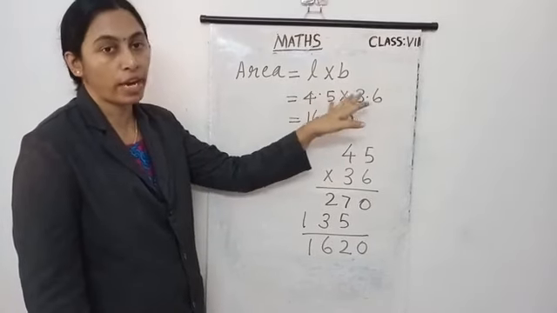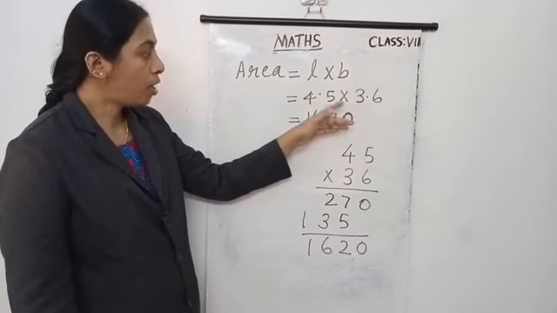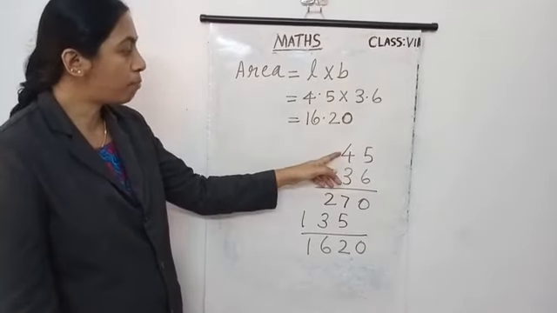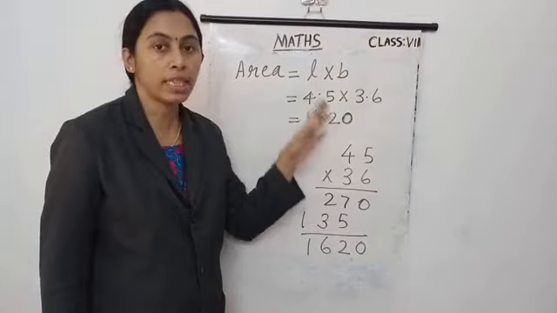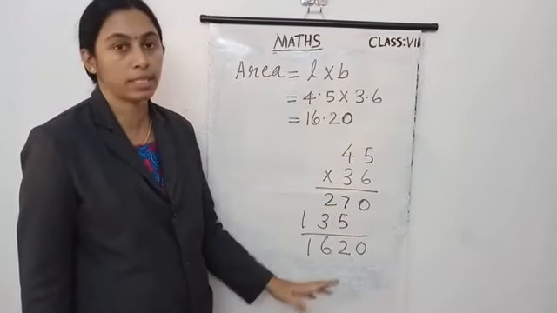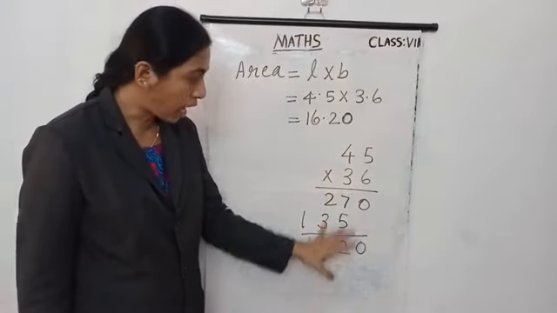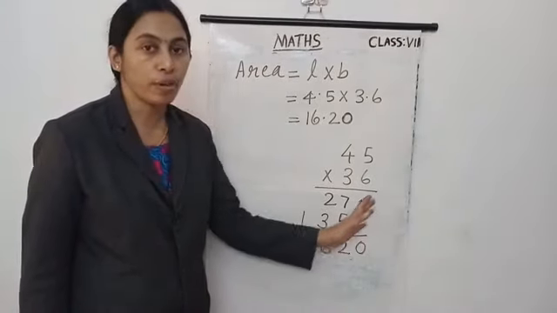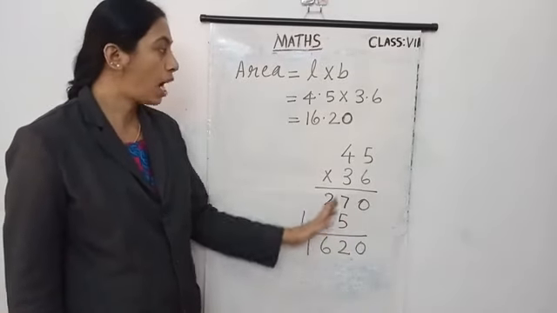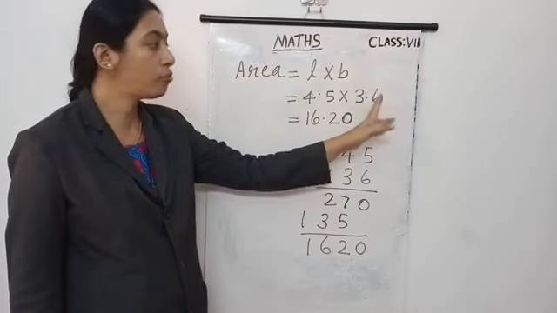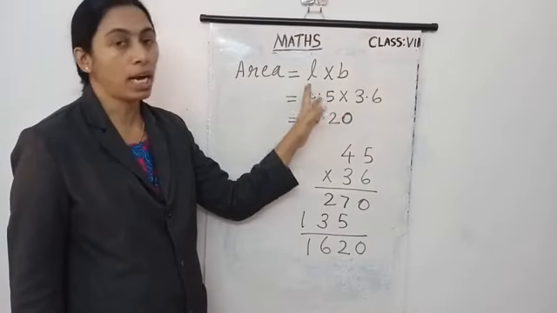So 4.5 into 3.6. Now for multiplication of decimal numbers, we just multiply the numbers without the decimal point, that is 45 into 36. After completion of the multiplication, put the point from the right hand side according to the number of digits after points in the question.